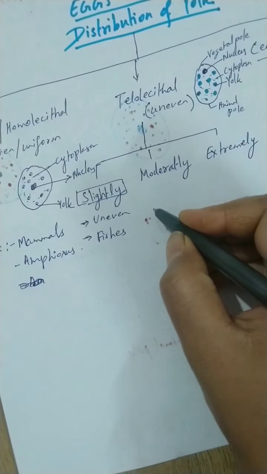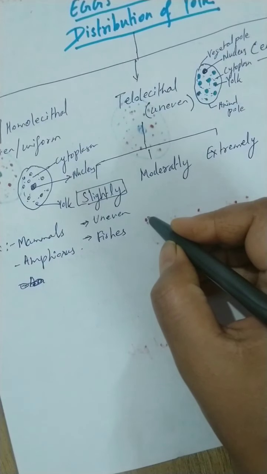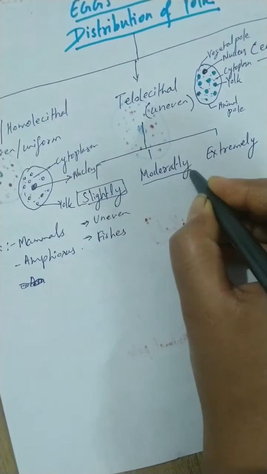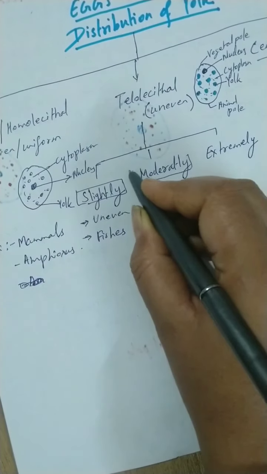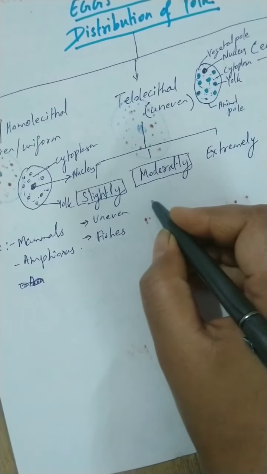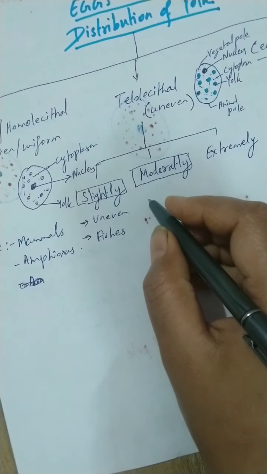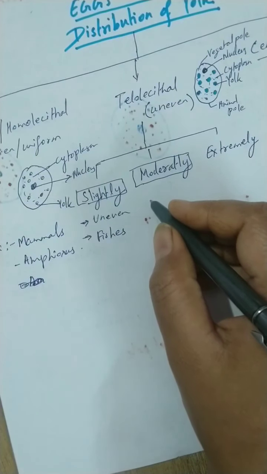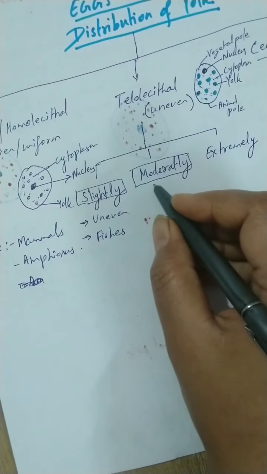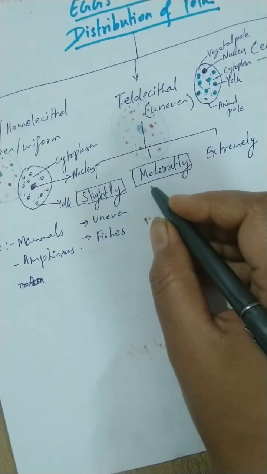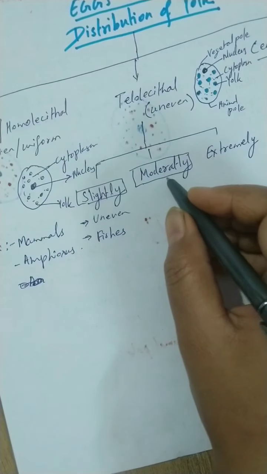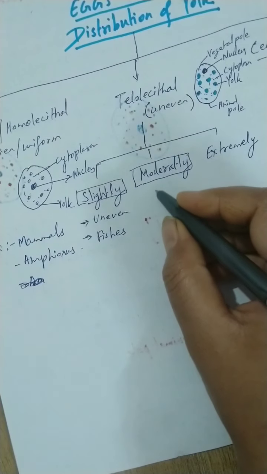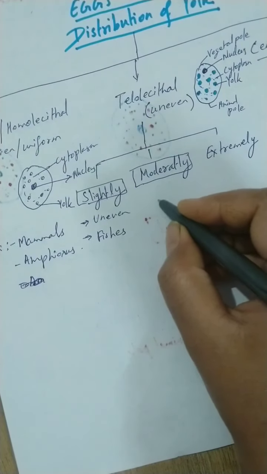Then the moderate type, where a moderate amount of yolk distribution is present, with uneven distribution.